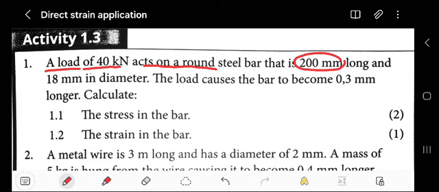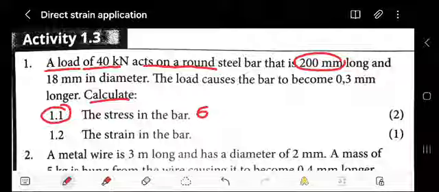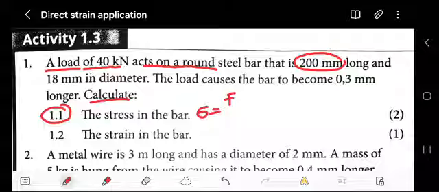The load causes the bar to become longer, meaning there's a change in length. So 1.1 says calculate the stress in the bar, whereby stress is force over area. The force is 40 kilonewtons.